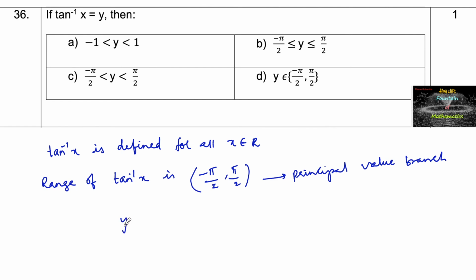So y must belong to minus pi by 2 to plus pi by 2. So that is option C.